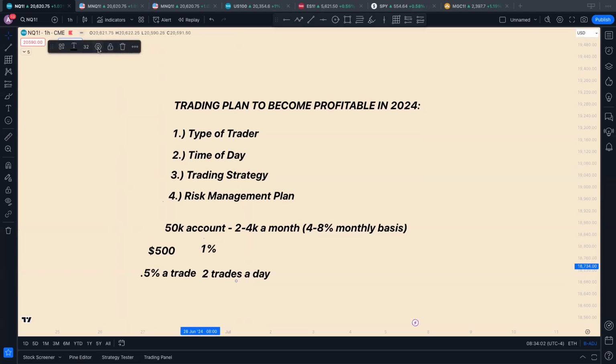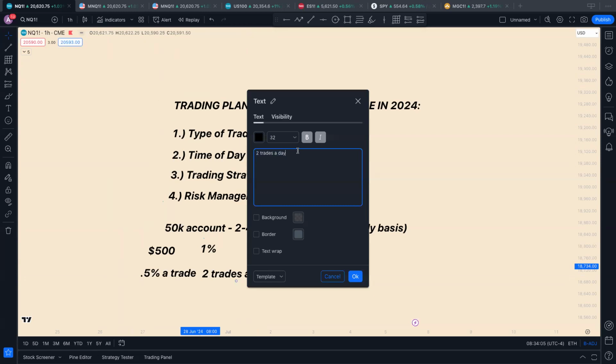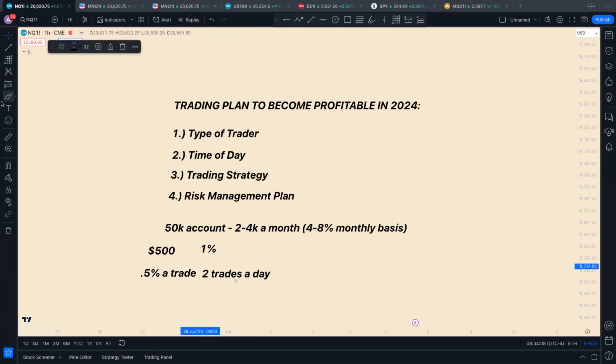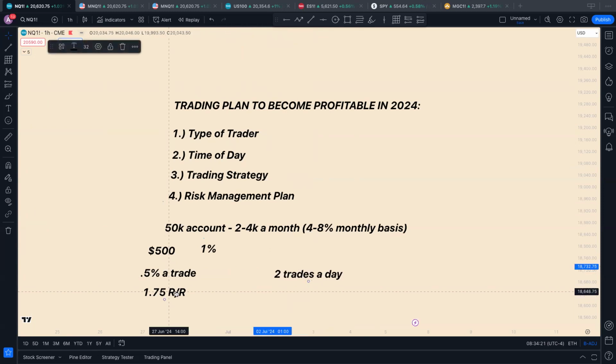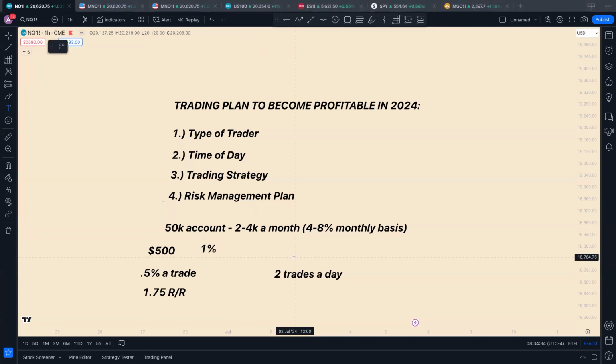But you also want to know your average risk to reward. So let's say your average risk to reward now is 1.75. If I'm risking 250 with a 1.75 risk to reward, my average win is going to be, what is that, 437.5.